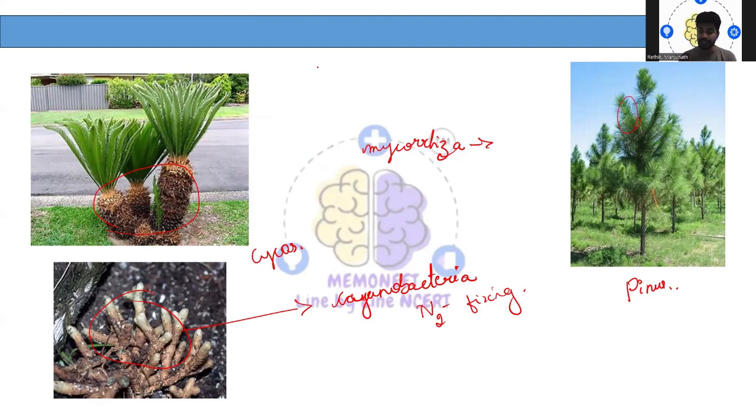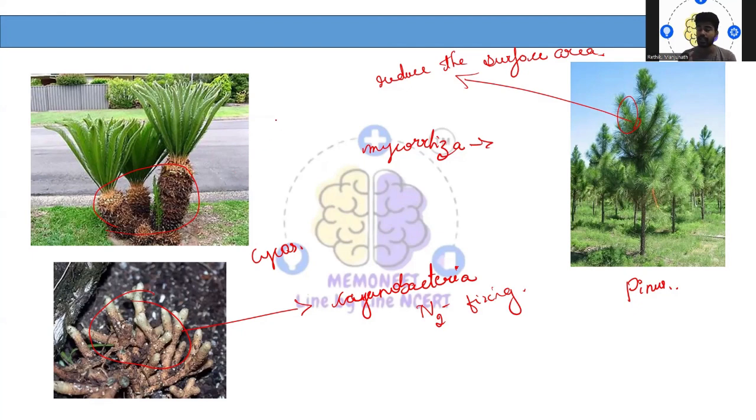Something like a needle-like structure, right? So this needle-like structure is actually going to reduce the surface area. Okay, this is one point. So that more plants will be able to grow. This is one point.